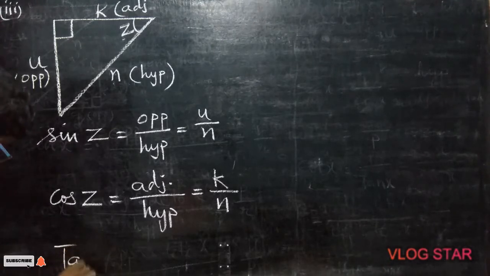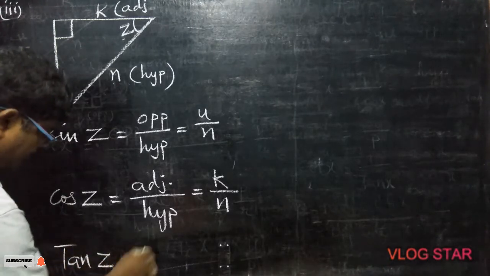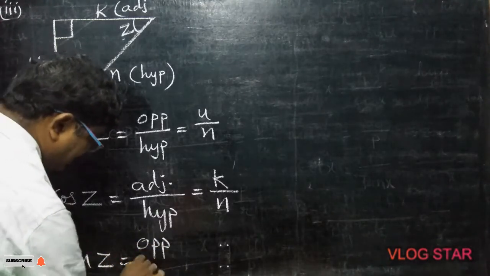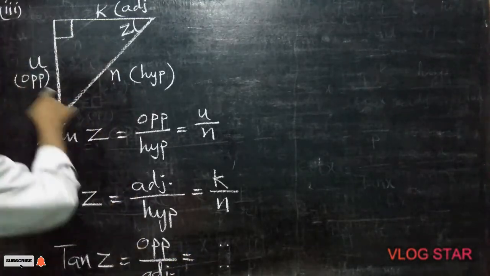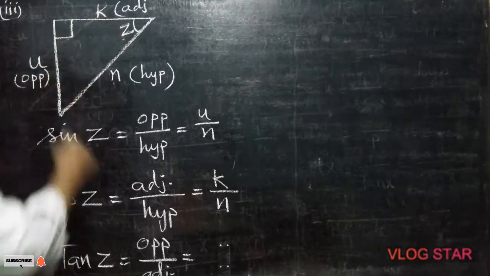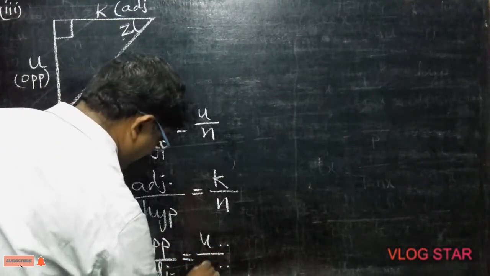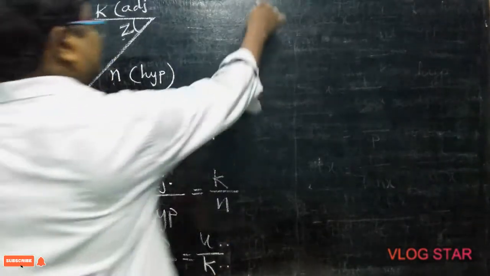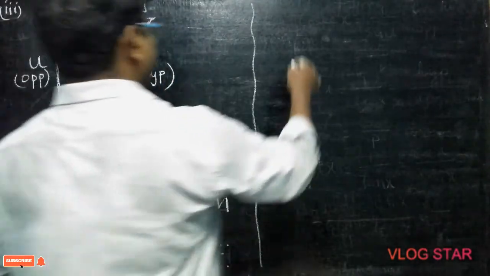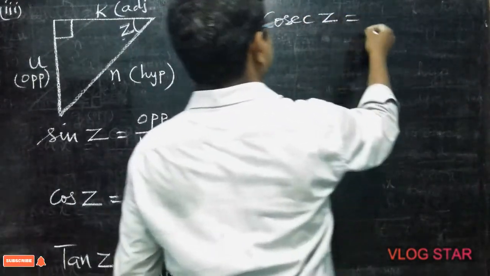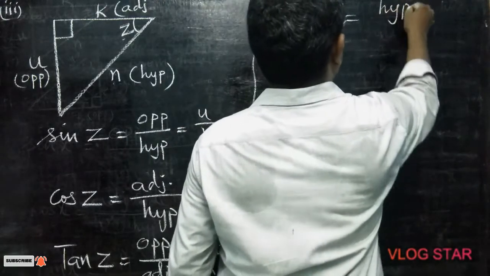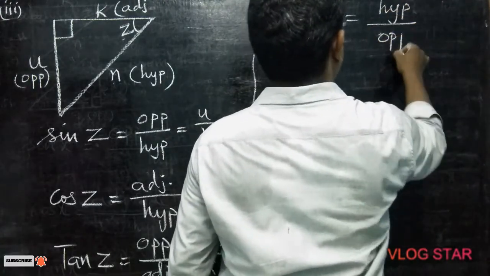Next tan. Tan z is equal to opposite side to z by adjacent side to z. So opposite is u by k. U by k. Coming to next. Cosecant z. Cosecant z means hypotenuse by opposite side.